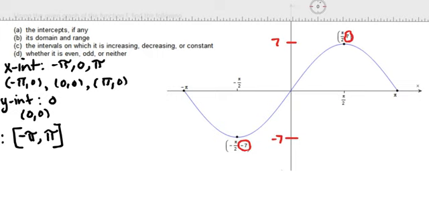That's what I'm going to use for my interval notation for the range. My range will start at negative 7 and end at positive 7. Since these points are filled-in, closed circles, I'm going to include negative 7 and positive 7 in the range. To include, we use brackets. So we have a range of negative 7 to positive 7.